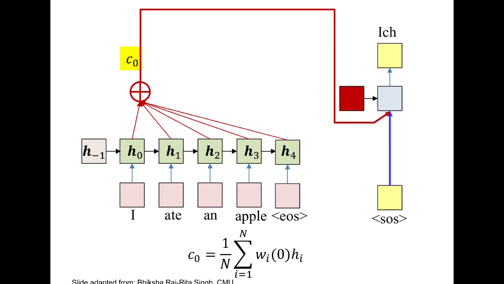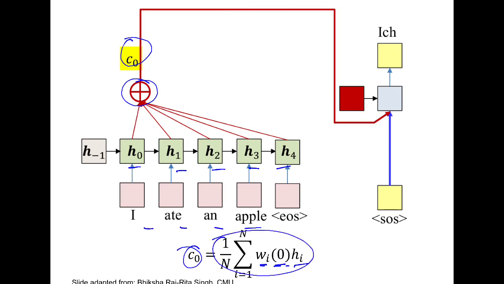So let's say I ate an apple, I have these hidden states H0, H1, H2, H3. I get the first set of weights, w_i0, and the first context C0 is the sum of w_i0 times H_i, and I feed this to create my first hidden state in the decoder.